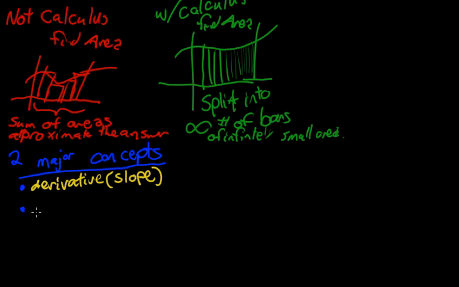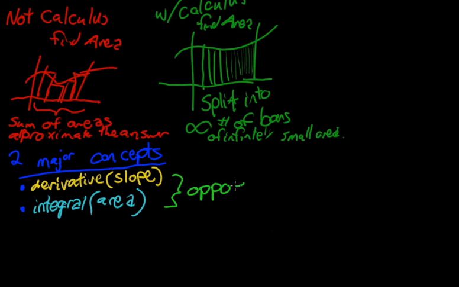And another major concept is an integral, which is a fancy word for area. And derivatives and integrals are opposites. Kind of. We can't say they're complete opposites because there is some information loss or gain going between the 2 of them, but at the beginning these 2 are pretty good to think of as opposites.